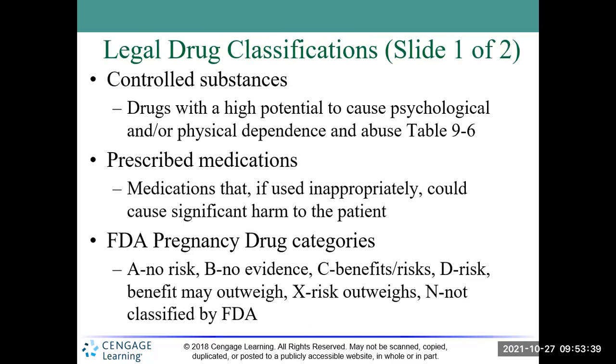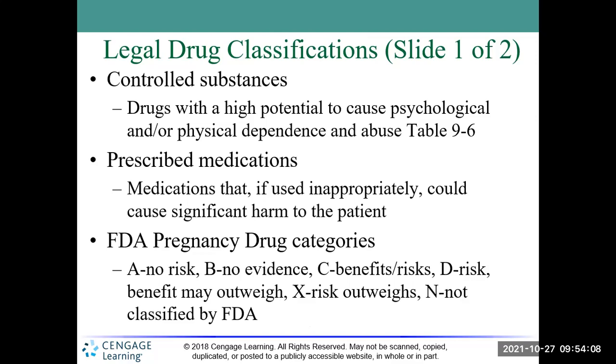Then controlled substances, we're talking about the classifications now. So controlled substances have a really high potential to cause dependence, so that's addiction. You can look on table 9-6 for more of those. But just looking at controlled substances, there are 5 categories of controlled substances that we have to work within. And you can look at that table and see which ones fit into which category.